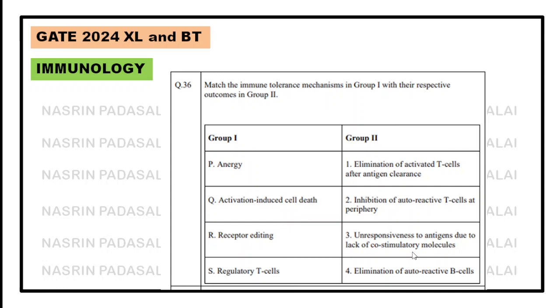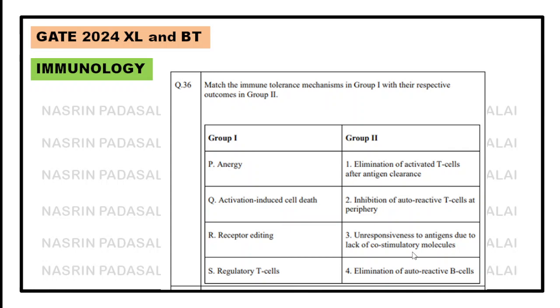So we all have notes for GATE examination; at one point you will be lethargic and will not be saying anything. That particular state is called anergy. So anergy means it is unresponsive to antigen. Why is the anergy condition created? If the T cell doesn't receive any co-stimulatory molecule, then at that time the body will become unresponsive to the antigen. It will not react to the particular antigen.